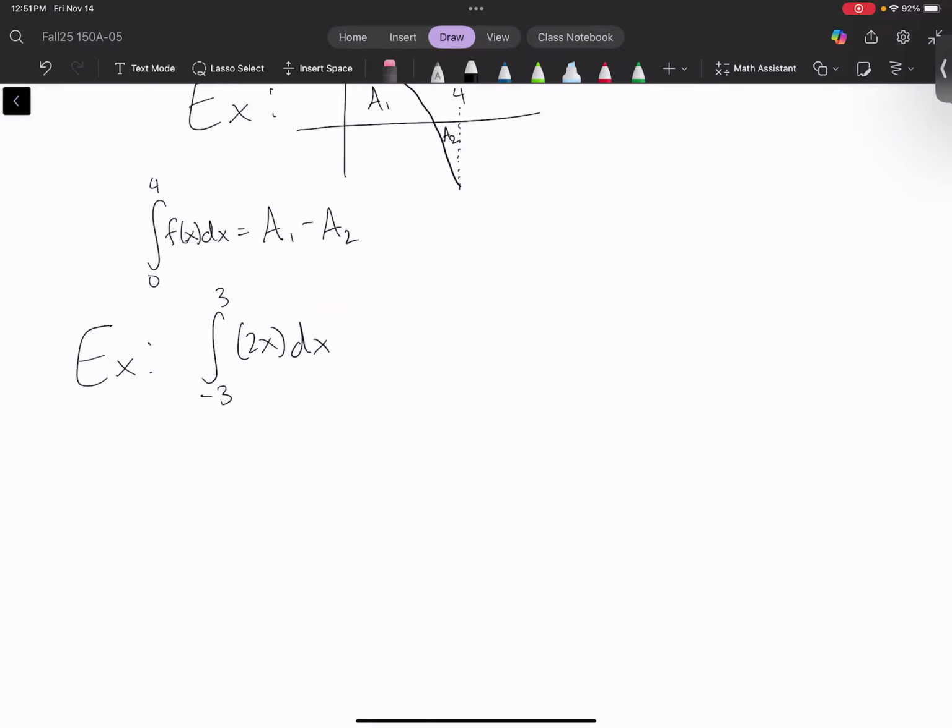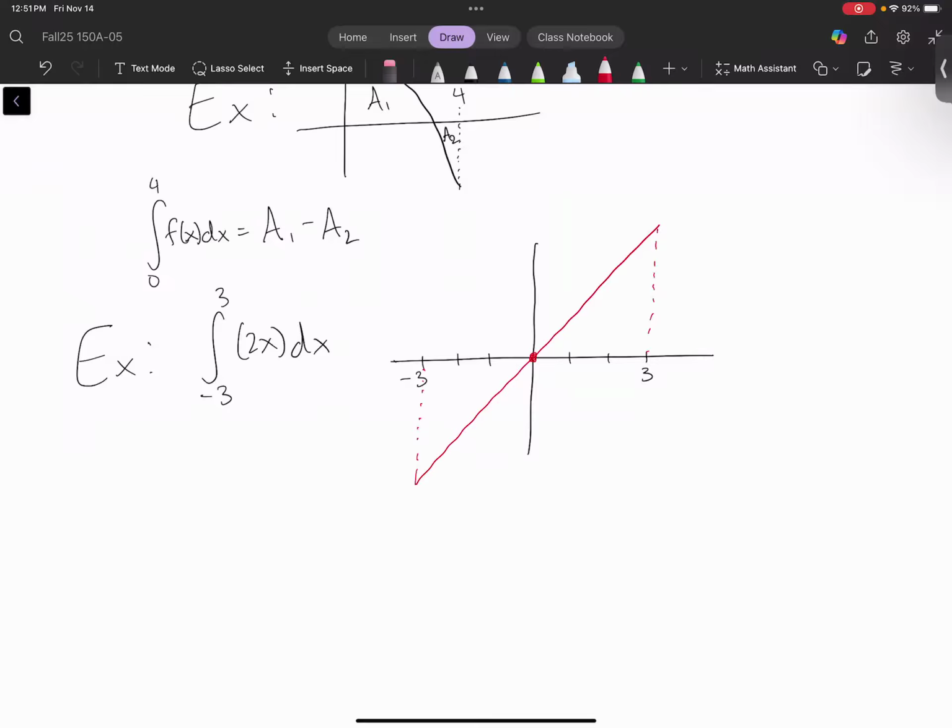So let's draw it. We are integrating from negative 3 to 3, so I do need those bounds there. And 2x, what does that look like? Well, it goes through the origin and it's just a line. And then I've got my bounds here.